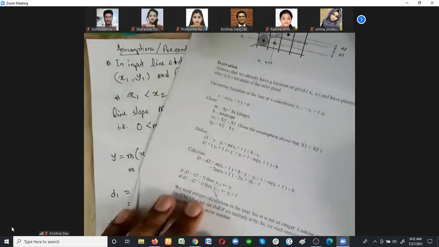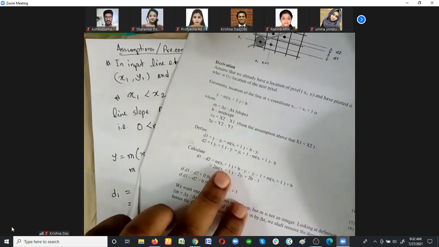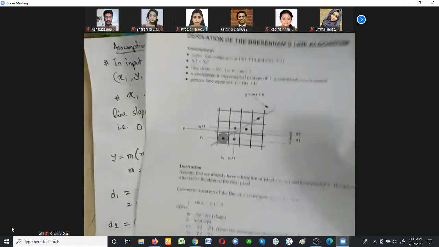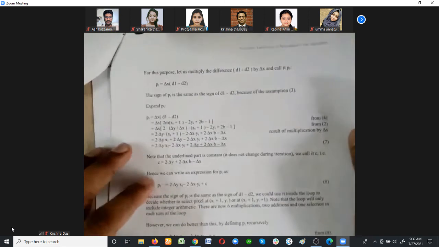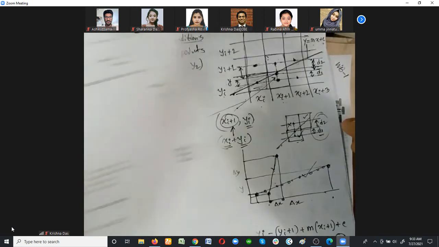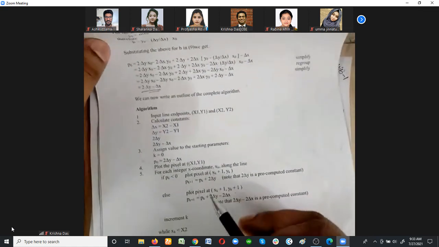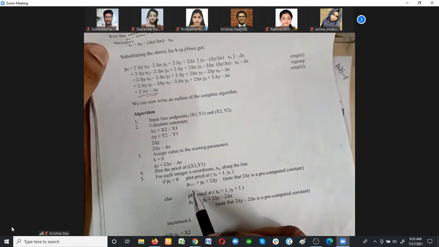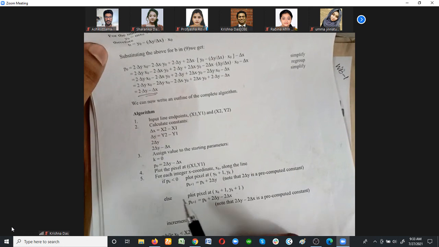We need to avoid fractions in any equation, because as you know, we are going to have integer values for the pixel. There are many other calculations that we need to do continuously across the entire page, and then finally you get the formulas. So we will go straight to the formulas, which you can see here for that p.